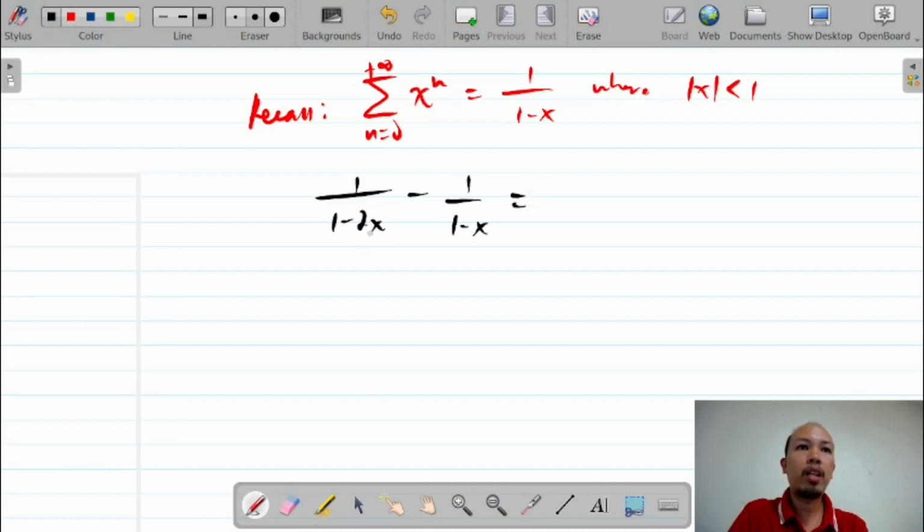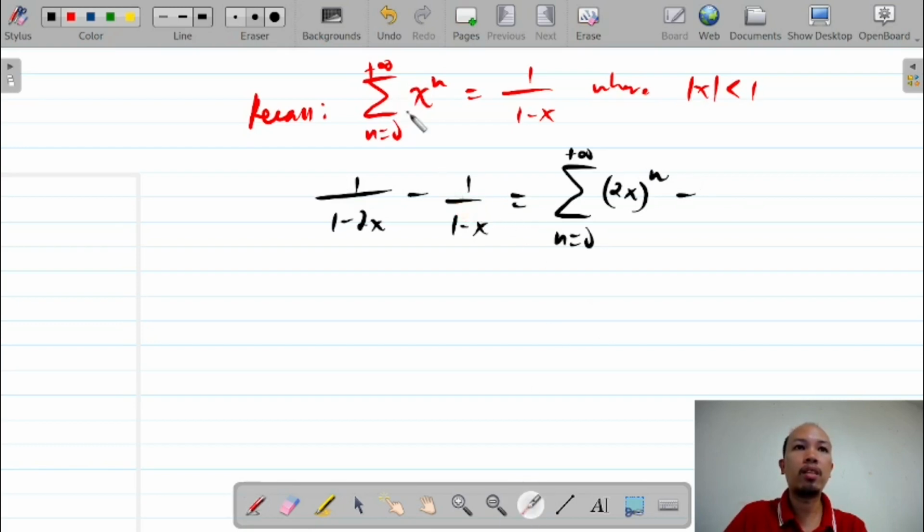So our x here is 2x. Replace x by 2x, so we have the summation of 2x to the power of n, n starts from 0 to positive infinity, minus this one here.